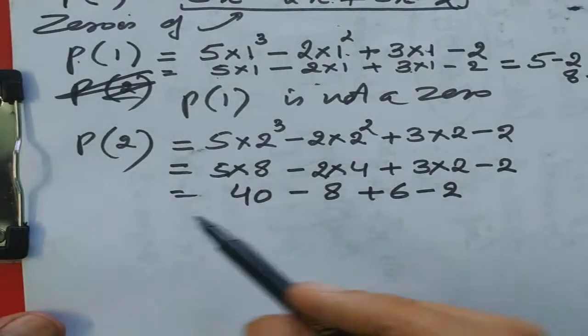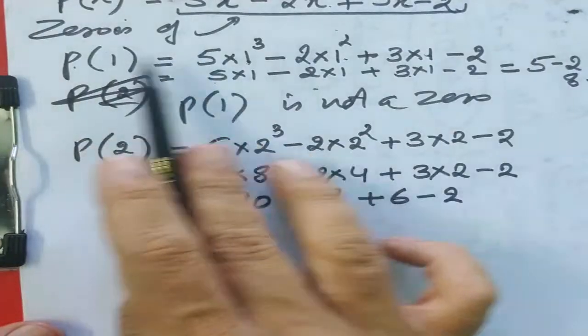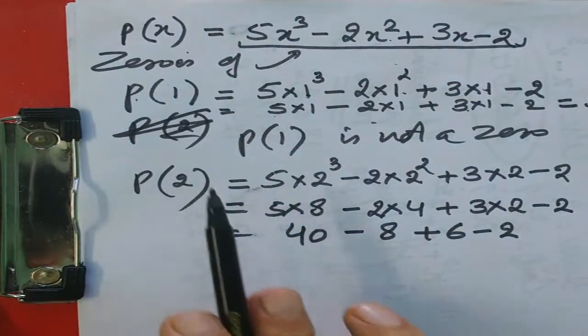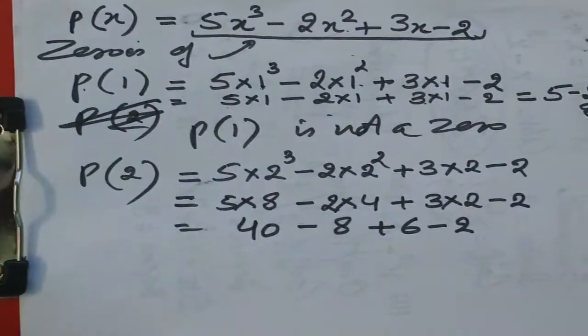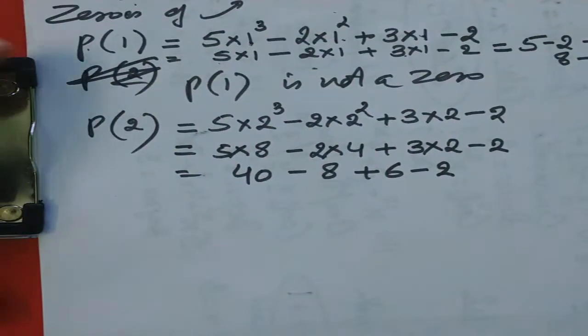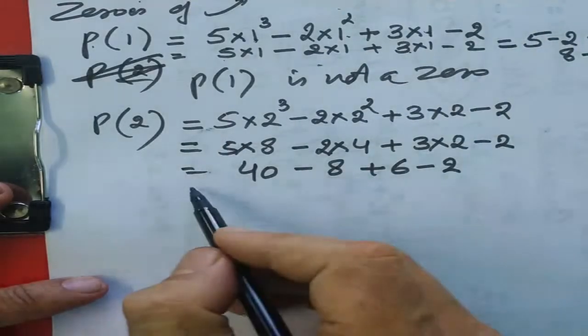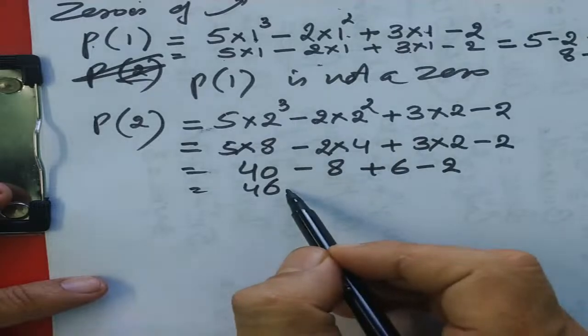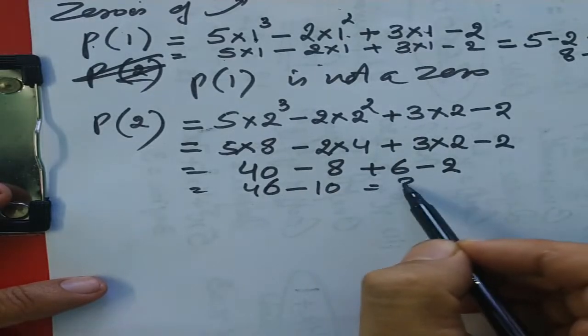So when you are told to find the zeros of the expression, you have to try with the smallest number, then go to the next number; at least 4 numbers you have to try. I have shown you 1 and 2. This answer becomes 46: 40 plus 6 is 46, minus 10. So this is not 0.